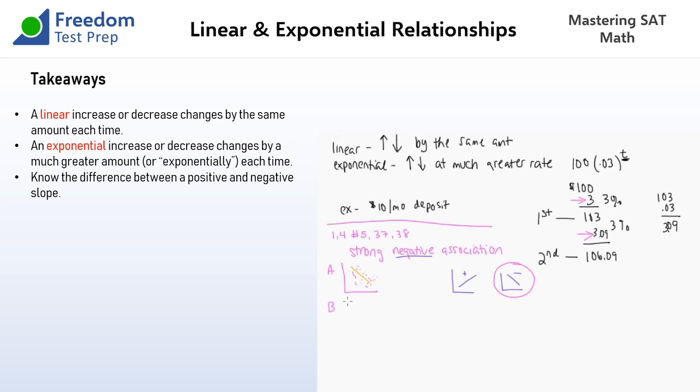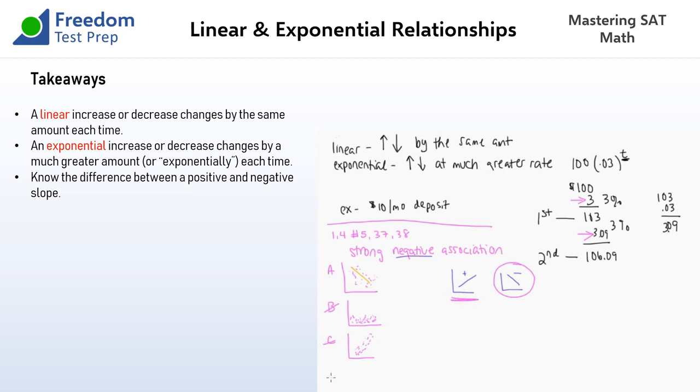All right, B almost looks like a smile in a way. I wouldn't say it's very strong, and it's certainly not negative. If anything, it's slightly positive. So I would get rid of B right away. And C, we can see it really is an extremely positive association. It really looks more like this one.